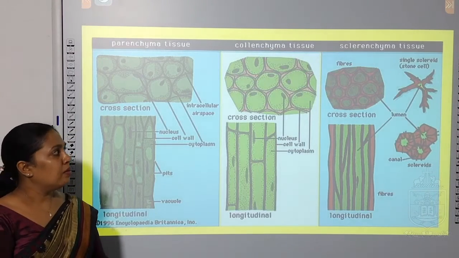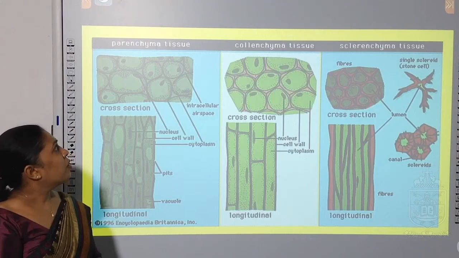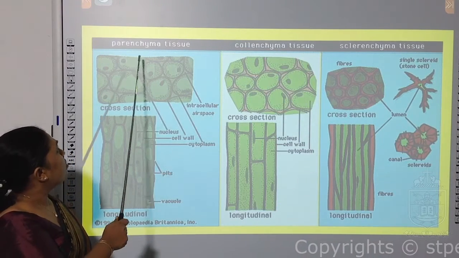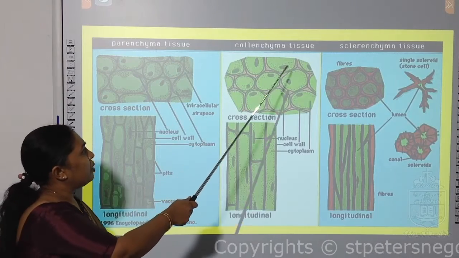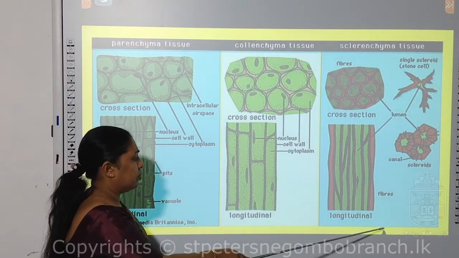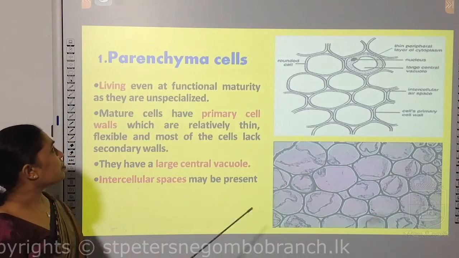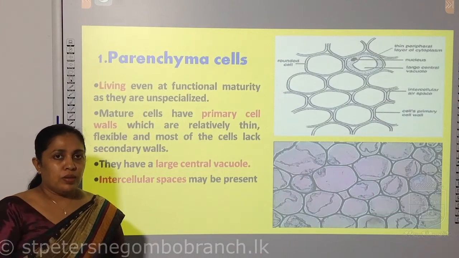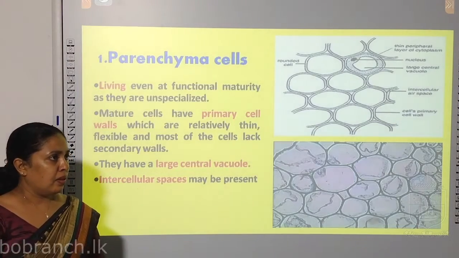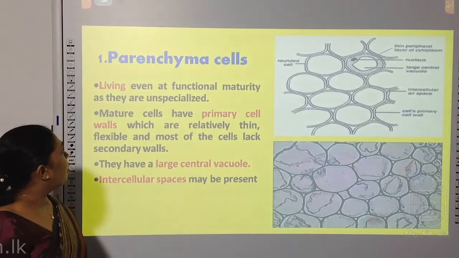So these are the three types of tissues in the ground tissue system: parenchyma tissue, collenchyma tissue and sclerenchyma tissue. The next part is parenchyma cells in the ground tissue system.